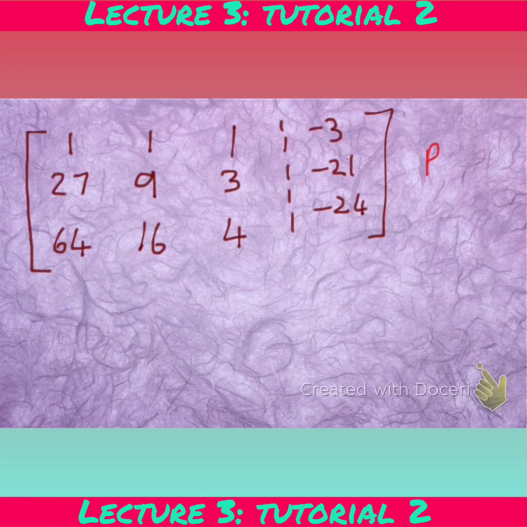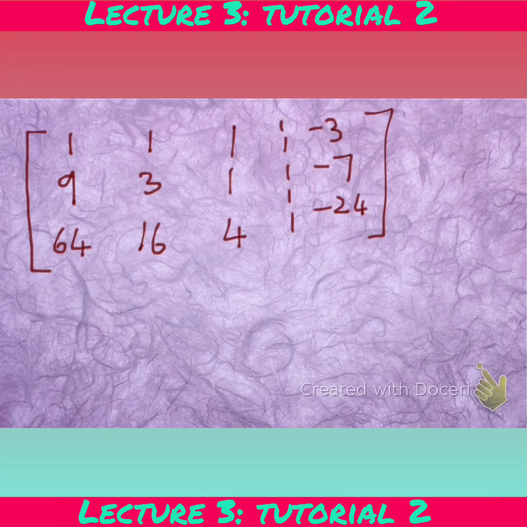So I'm going to use 1 as my leading entry in my first row. Then I'm going to make things a little bit easier. I'm going to manipulate the second row by dividing each entry by 3. So I get 9, then 3, then 1, and the last entry I get minus 7. That's just going to make things a little bit easier.